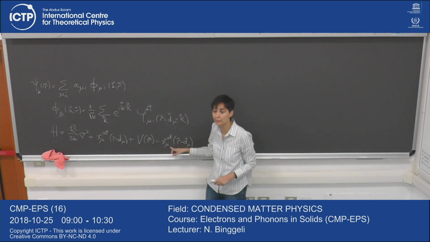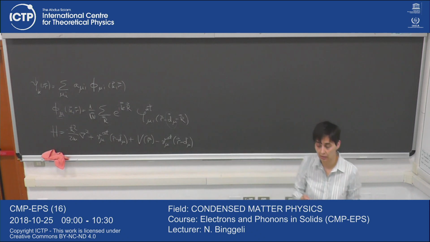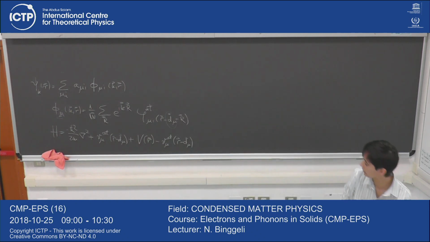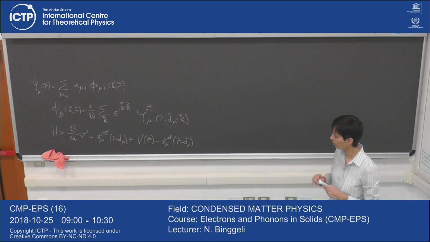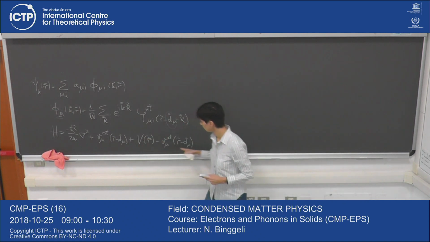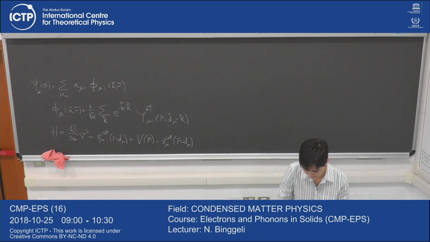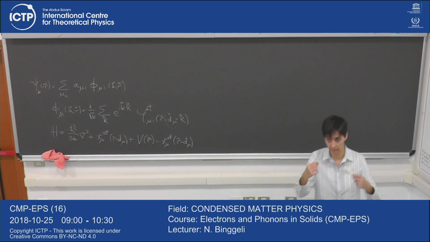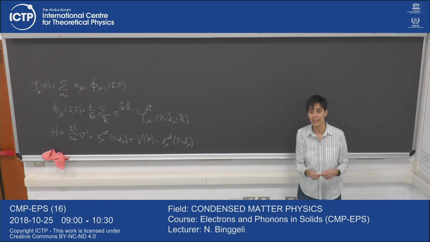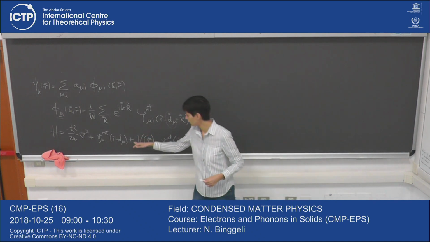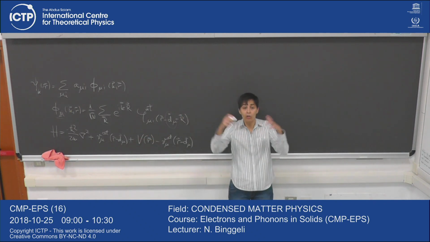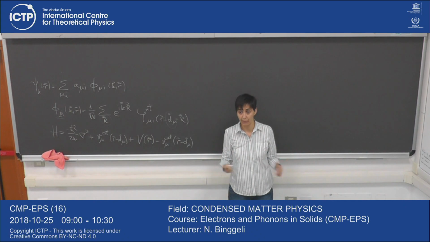I just took one particular atom, and it's an atomic potential. And this part here will form my crystal field. At a certain atomic position placed in the lattice, this will mean the potential of all the other atoms surrounding.